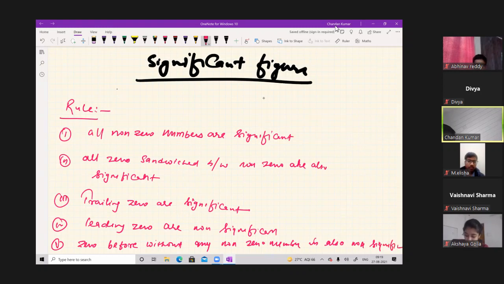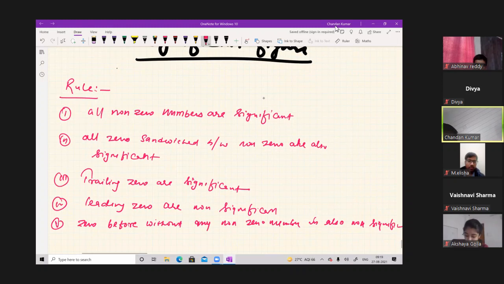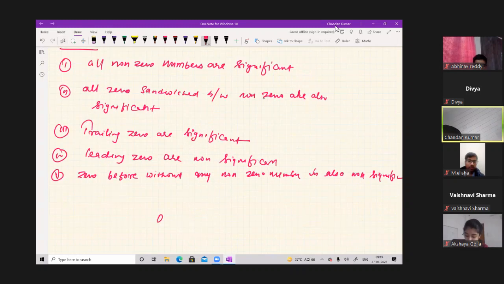Okay, so these are some rules. Suppose I'm taking 0.00013000100. I have taken an arbitrary number. So this is a trailing zero. This is a sandwich zero.